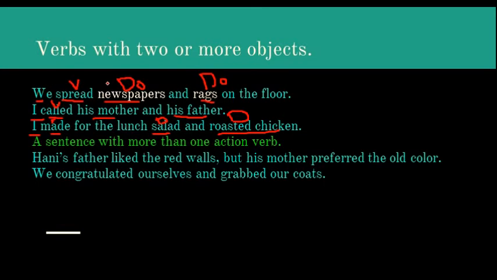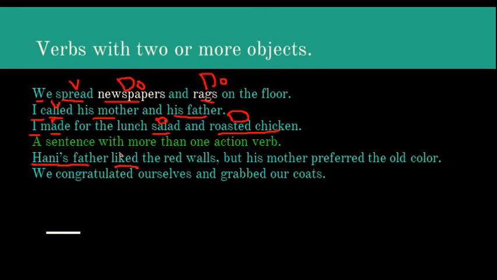These are the examples. Some sentences may have more than one action verb and may have direct object after each action verb. In this sentence, Hanny's father liked the red walls, but his mother preferred the old color. Hanny's father is subject.